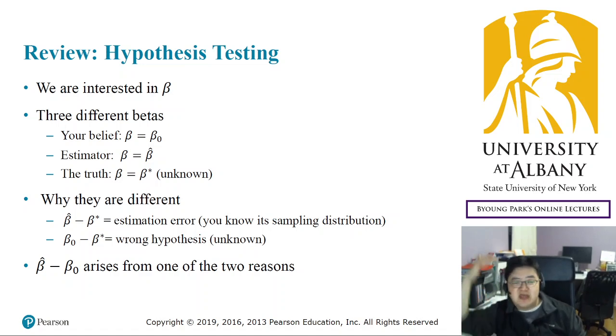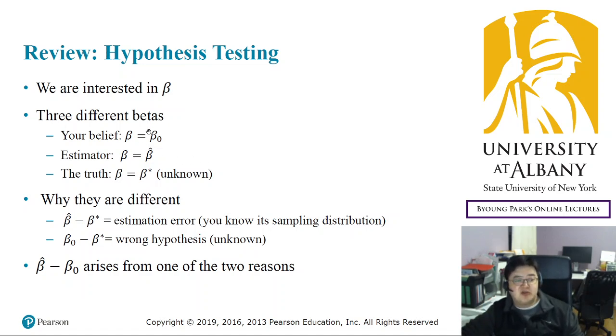We know that there exists the truth, but no one knows what is the true value. So it is just a conceptual, purely theoretical object, and beta star is the true value of beta, and it is unknown. So later you can calculate beta hat, and beta 0 is your belief. So you can choose your own beta 0, but beta star has no specific value at all because it is never known.